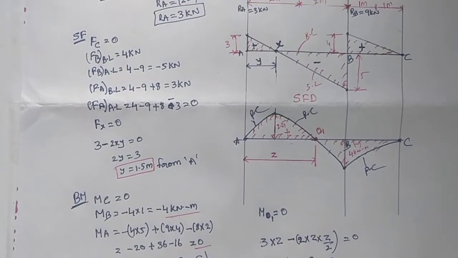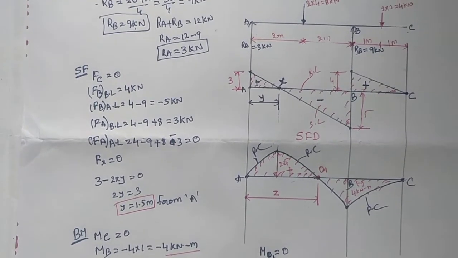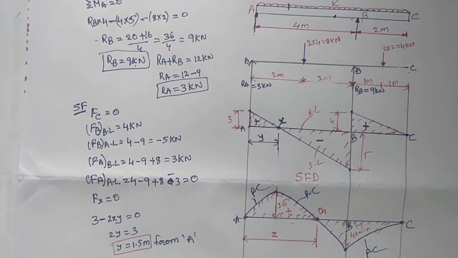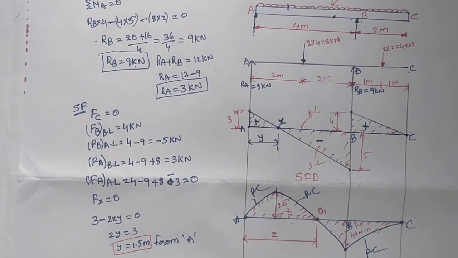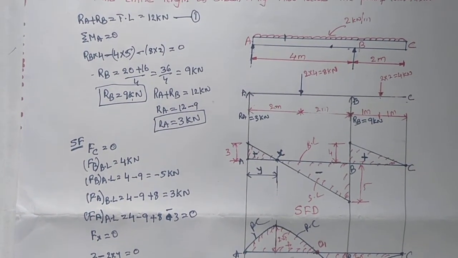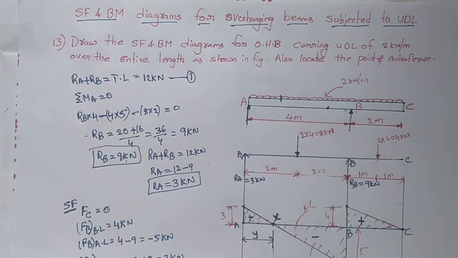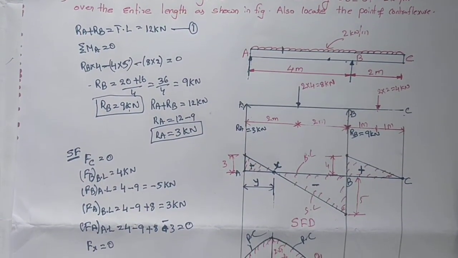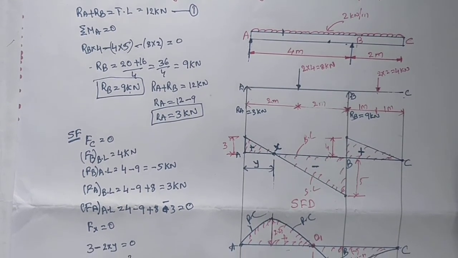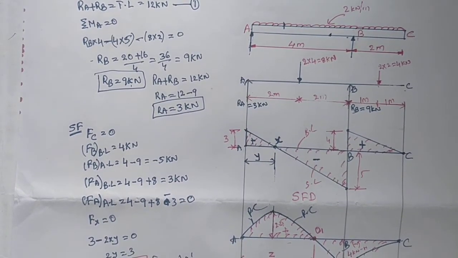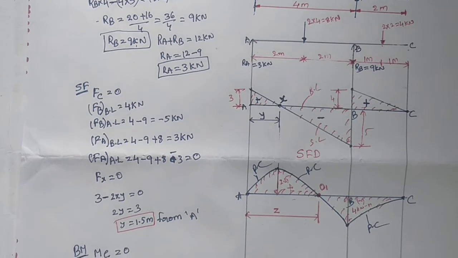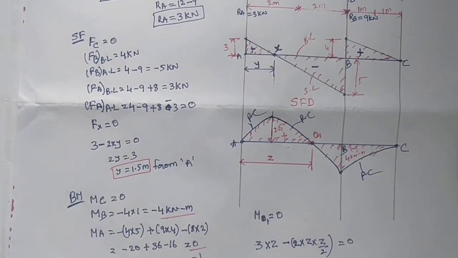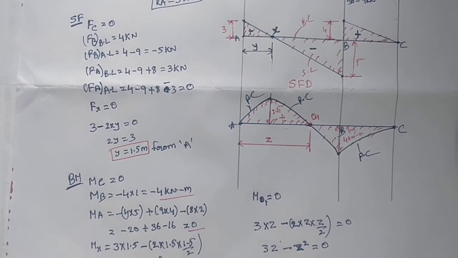Like this, we need to calculate the shear force and bending moment values, and by using those values draw the shear force and bending moment diagrams. In this given problem, first we converted the UDL load into a point load. Next, we calculated the reaction forces RA and RB. Next, I calculated the shear force values and used them to draw the shear force diagram.